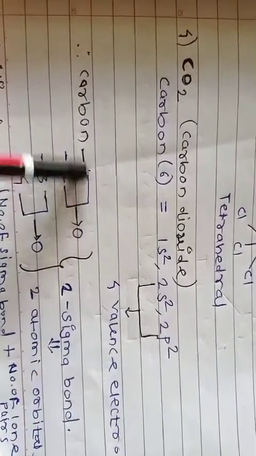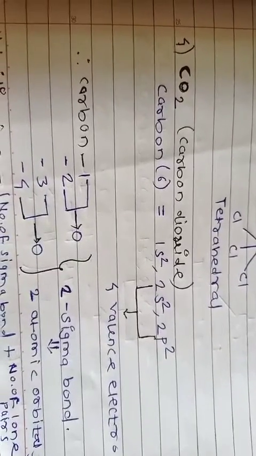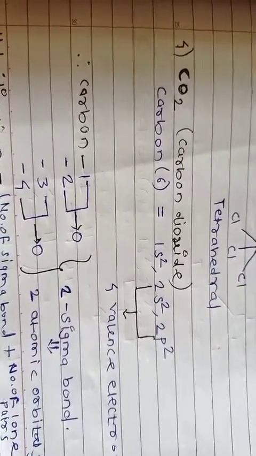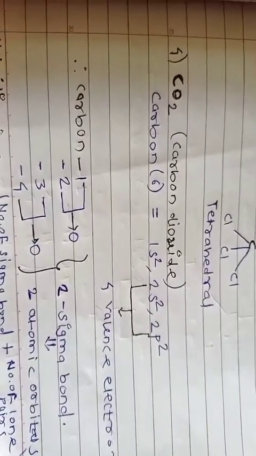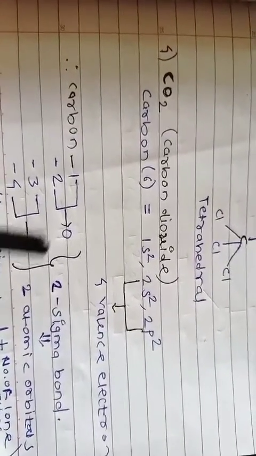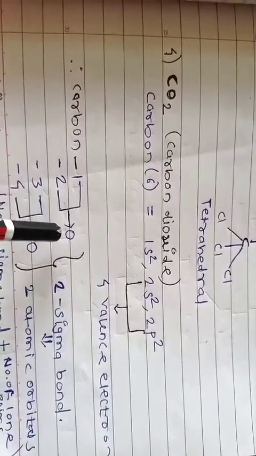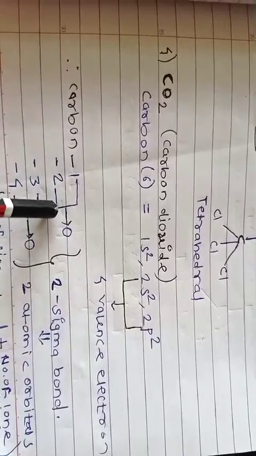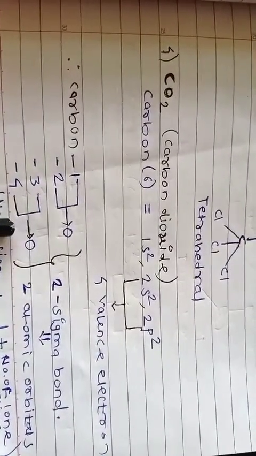We know carbon has 4 valence electrons, and the oxygen atom has a valency of 2. One oxygen combines with two valence electrons. So we have two oxygen atoms, one combining with the first two valence electrons, and the second oxygen atom combining with the remaining two valence electrons.